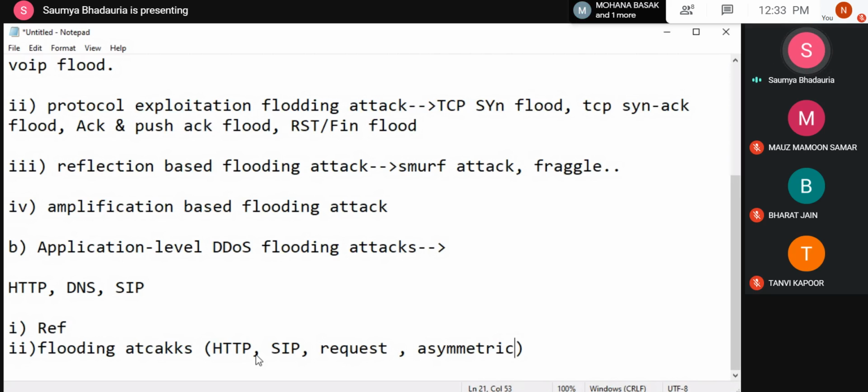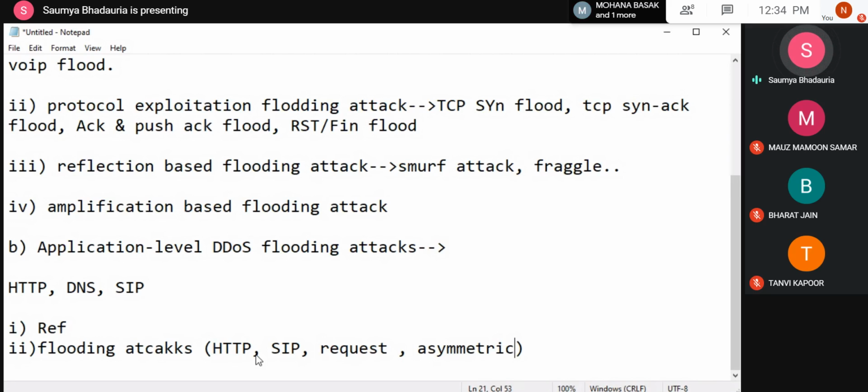Now, I'll repeat, if the source IP addresses have not been changed, the VoIP flooding attack mimics the traffic from large VoIP servers and can be very difficult to identify because it actually resembles good traffic. So what is being done over here?